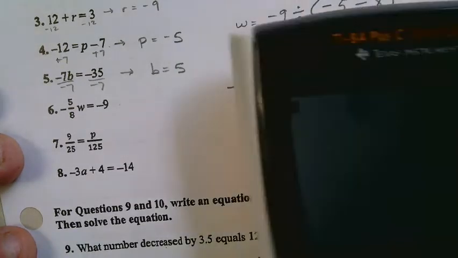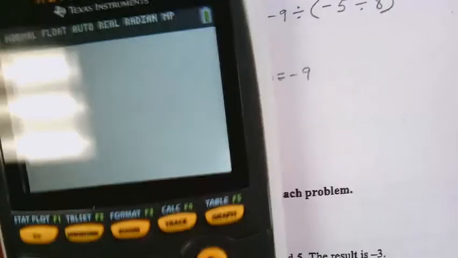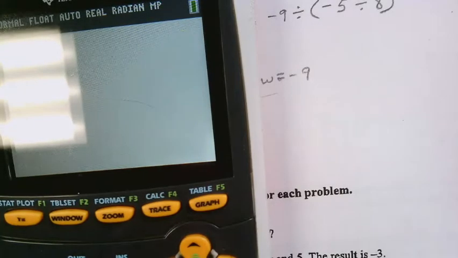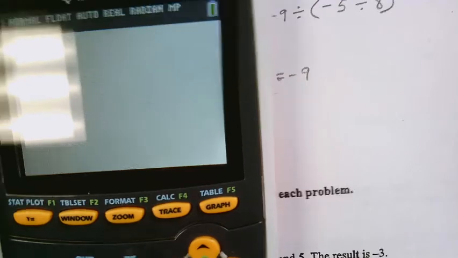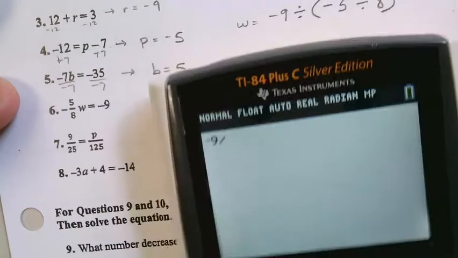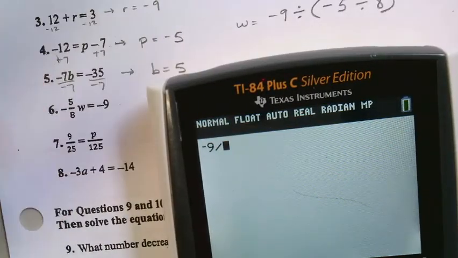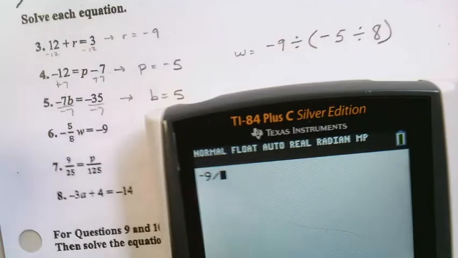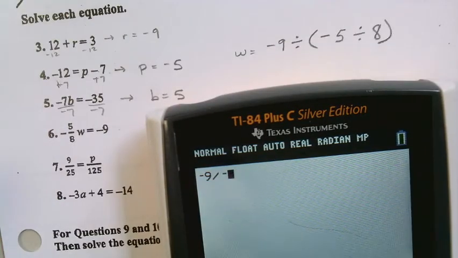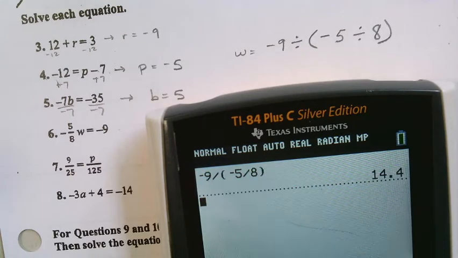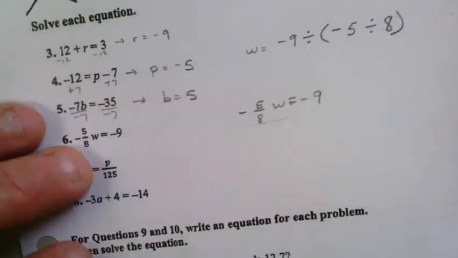So it would look like this if you plugged it in your calculator: -9 divided by -5 divided by 8. So 14.4 is the answer, but let me show you something you could do here.